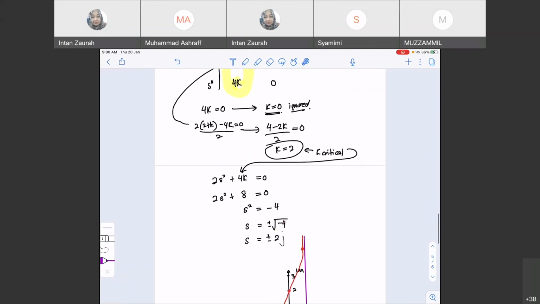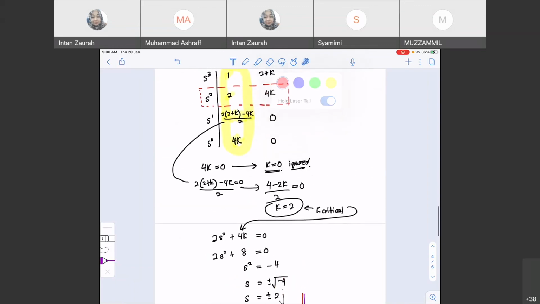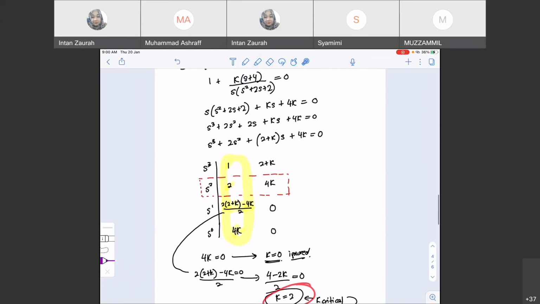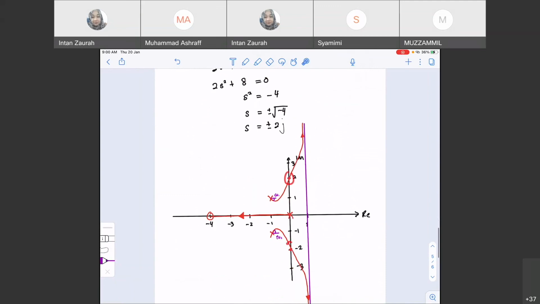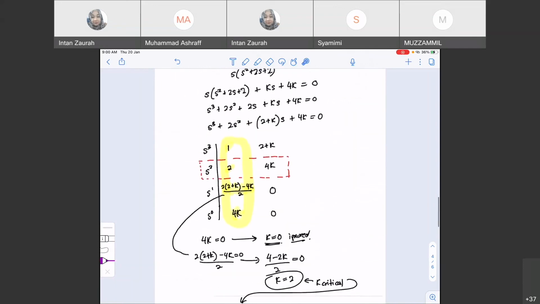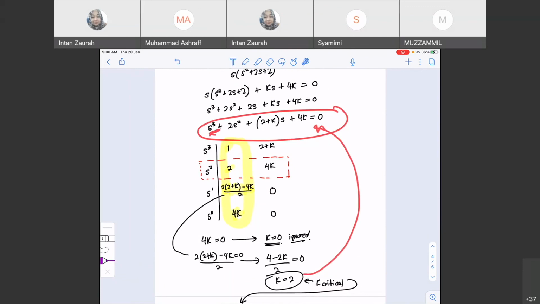Okay, sebenarnya macam ni. Once you already find your critical value of k, either you masukkan balik dalam characteristic equation and then cari location of these two coordinates. Okay, so these two coordinates, when you solve using your characteristic equation, you substitute the value of k. This is quadratic equation, right?